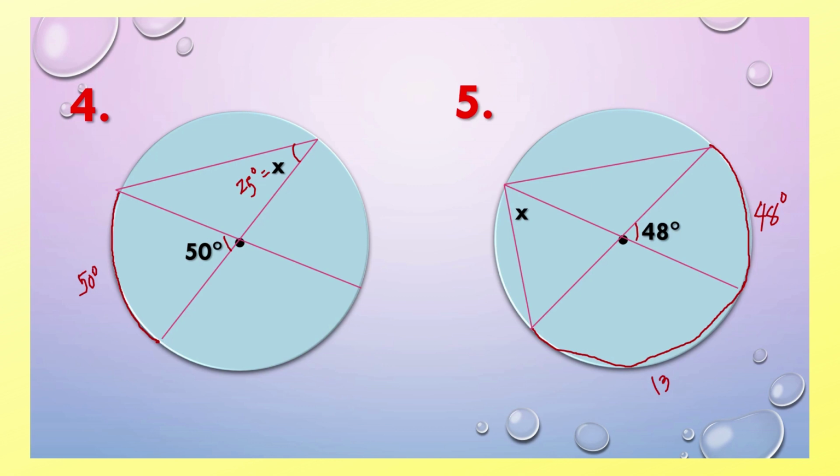So, yung measure ng intercepted arc ng ating inscribed angle ay 132 degrees ito. Ayan. So, para makuha ang measure ni angle X, divide by 2. So, that is 66 degrees. The measure of our angle X.